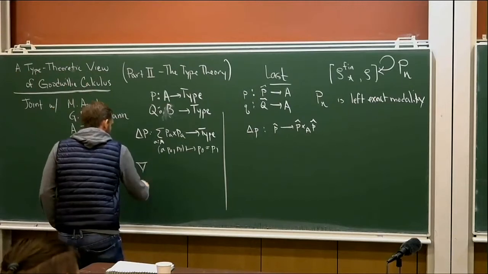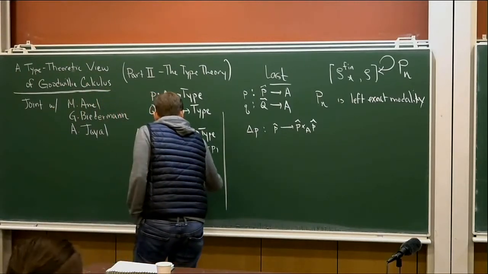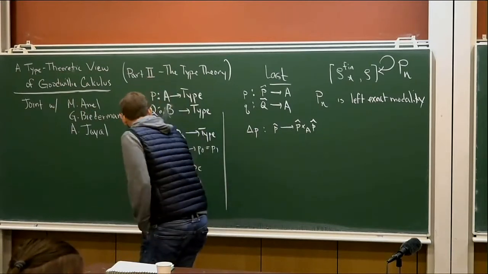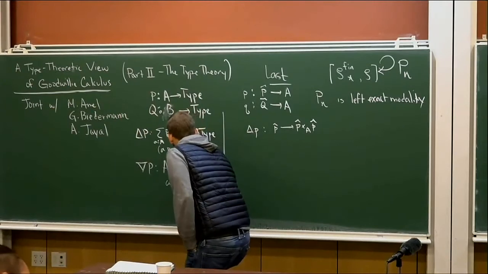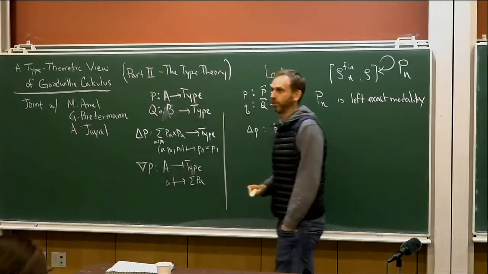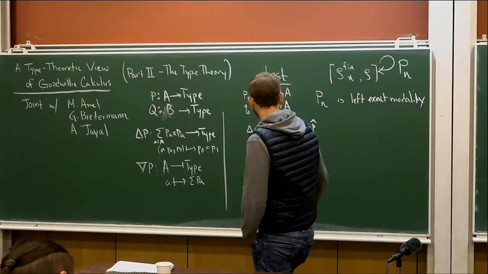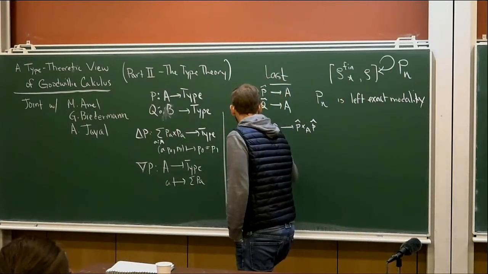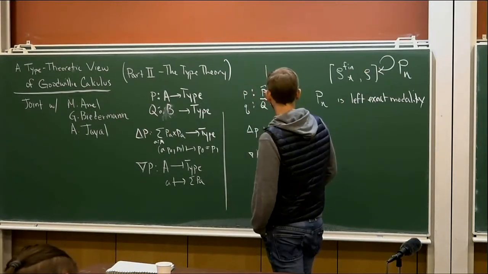There's also what I will write as the codiagonal of a family, which is A mapping not to A, but to the suspension of P of A. So this is the fiberwise suspension. And this also has a completely analogous description.